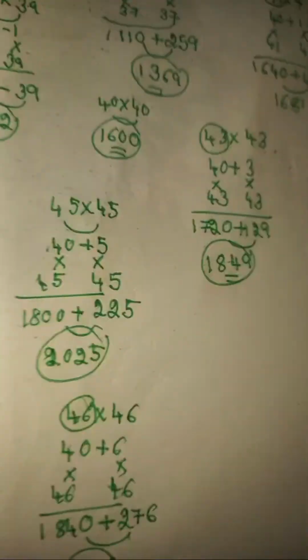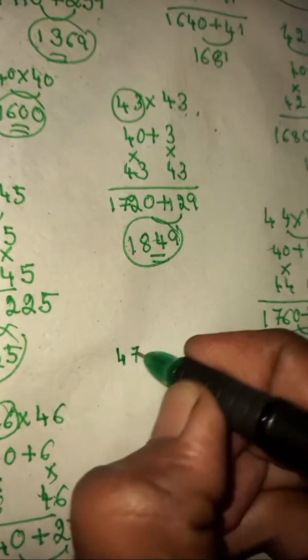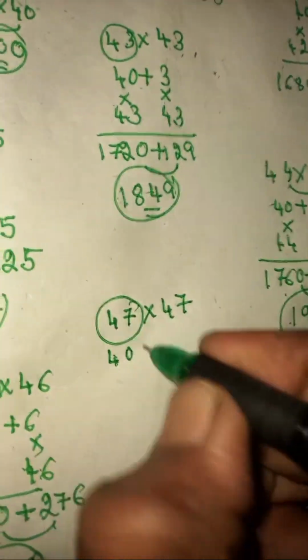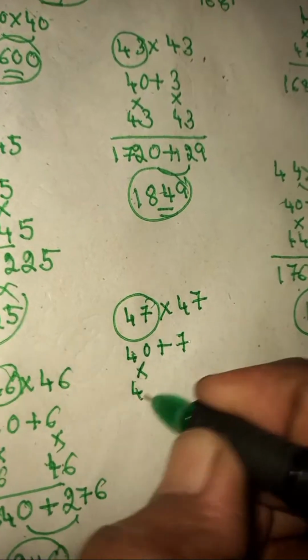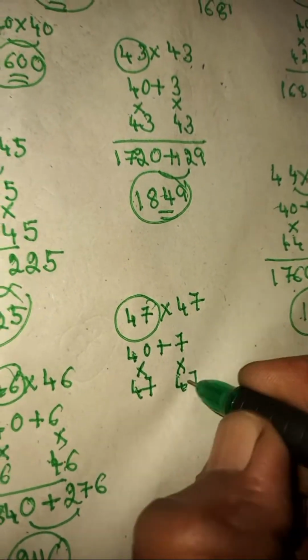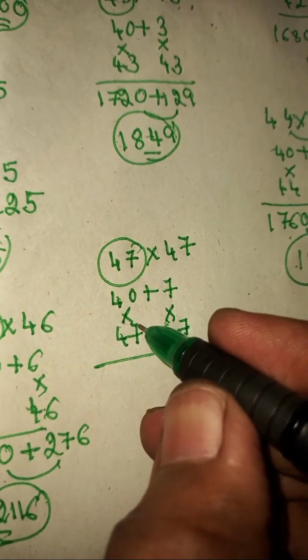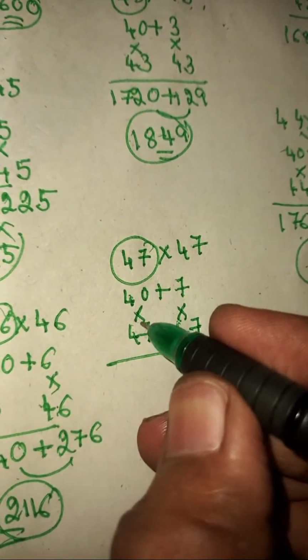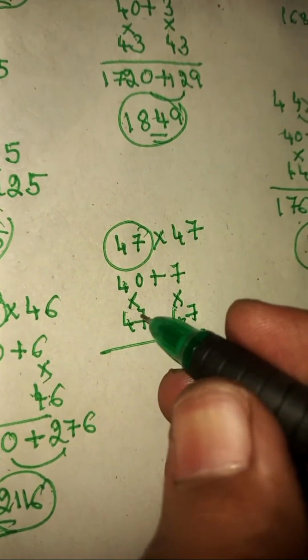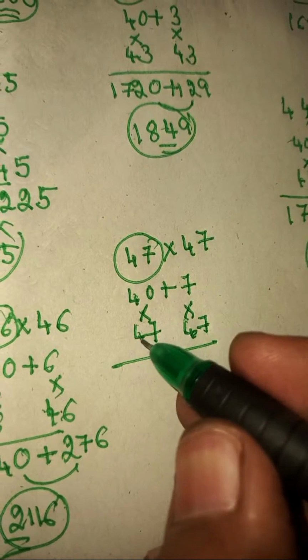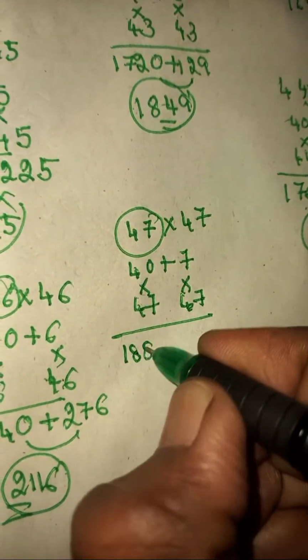Now 47 square means 47 times 47. Here 47 you can write as 40 plus 7, and multiply each with 47. 4 times 4 is 16, 7 times 4 is 28, so 160 plus 28, 188, 1880.